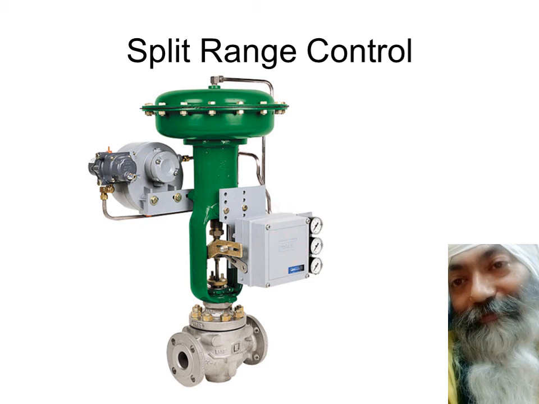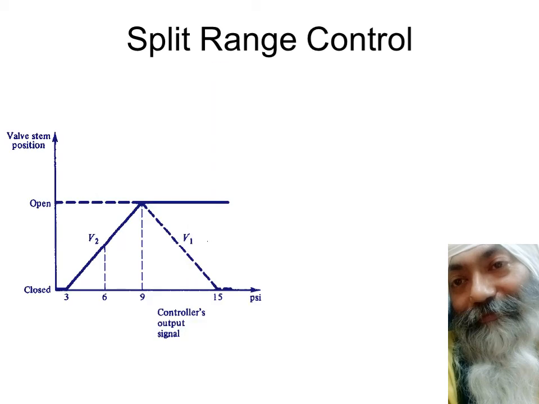And now we come to the working of split range with an actual proper example. What we see over here is that the range is 3 to 15 psi. It is split into 3 to 9 psi, and in 3 to 9 psi we see valve V2 is opening, opening, opening, and thereafter nothing happens to valve V2.